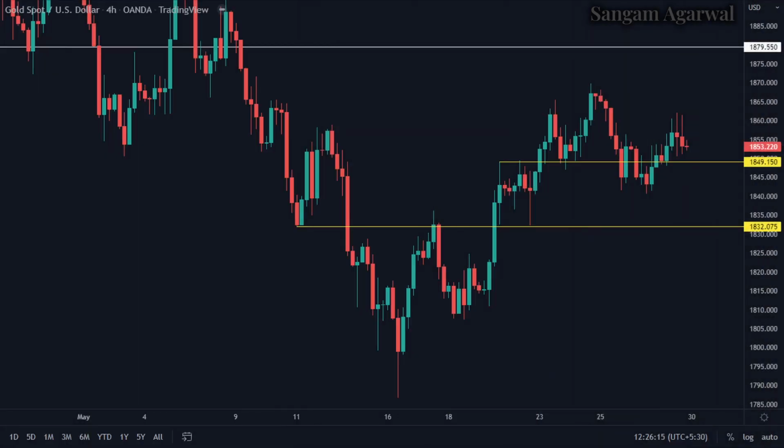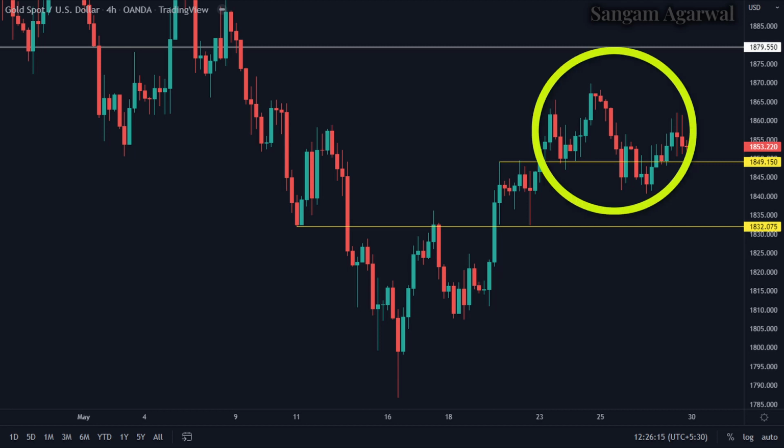If we zoom in on this H4 time frame, you can see price perfectly testing the 1832 horizontal price level as a support and as a resistance. It first tested, then retraced, broke out, then retested, and is still trading above that horizontal level.